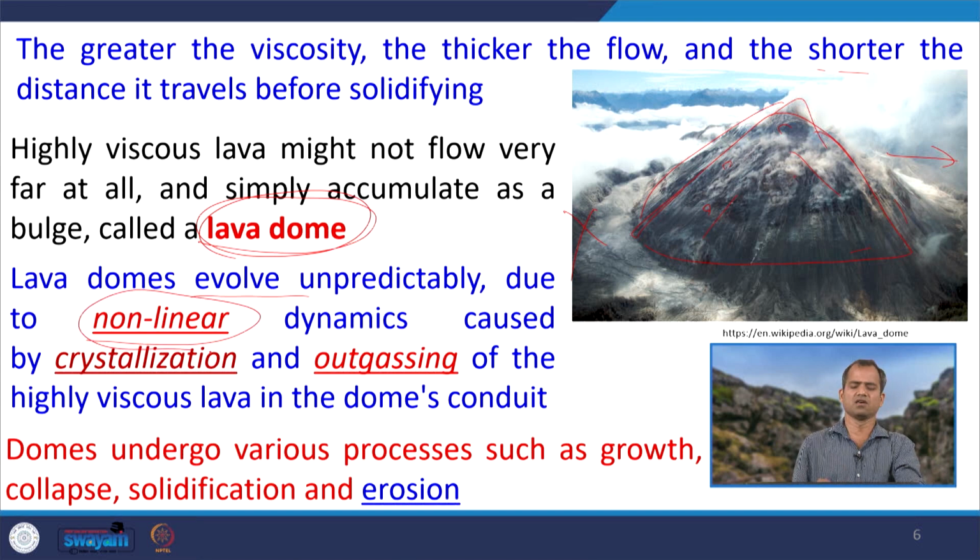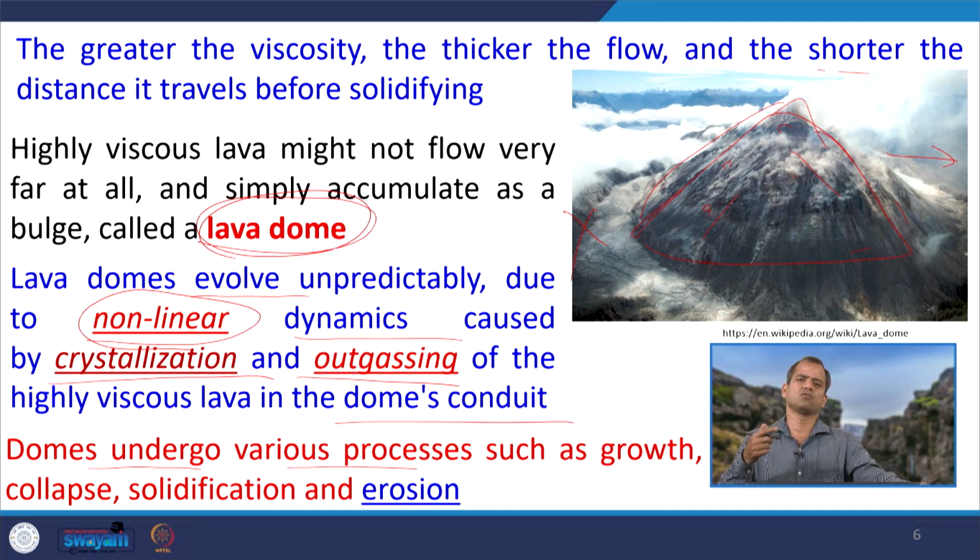It is non-linear dynamics caused by crystallization and by outgassing of highly viscous lava through the conduit of these domes. And domes undergo various processes such as growth, collapse, solidification and erosion.